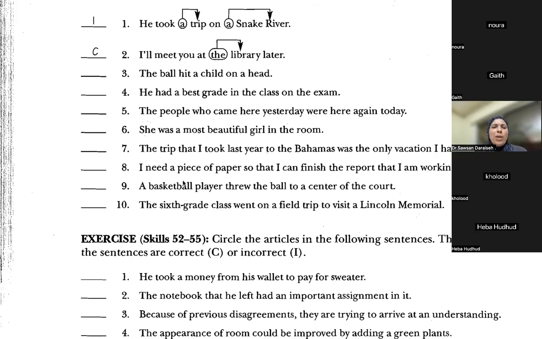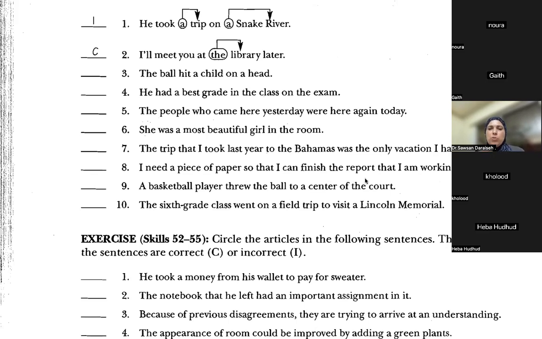I need a piece of paper, we always say this. Can you please give me a piece of paper? I want to write a phone number, or write some notes on it. So this person says, I need a piece of paper. It could be any, not the one in my room, not the one in your room, just what is available, what's closer. So any piece of paper that's suitable. Why? So that I can finish the report.